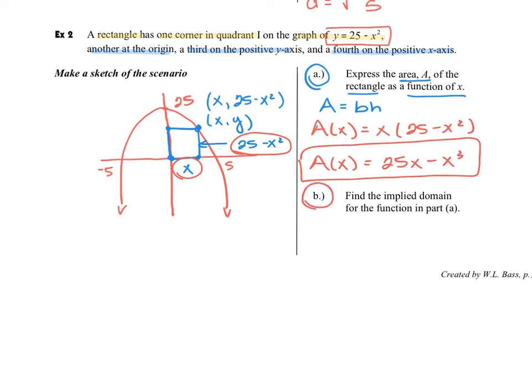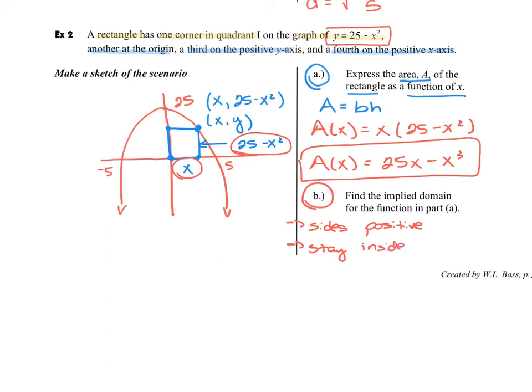Okay, if we want to draw a rectangle inside the parabola, what we need to remember is that the sides have to be positive. So when we're thinking about any rectangle, the sides of our rectangle have to remain positive, and then also we need to remember that it has to stay inside the parabola.